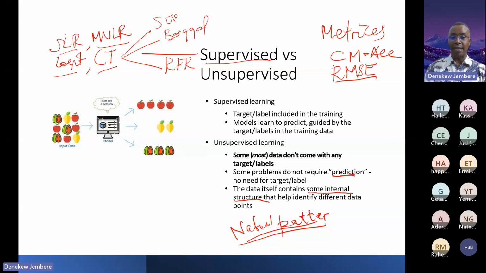And based on that pattern, if people like you who get their salary paid and then don't exceed maybe 10 transactions per month, if something gets found which is 15 or 20 transactions per month, that means there is something wrong. So this is out of the pattern. So this is a kind of unsupervised machine learning. So this is basically the difference between supervised and unsupervised machine learning.